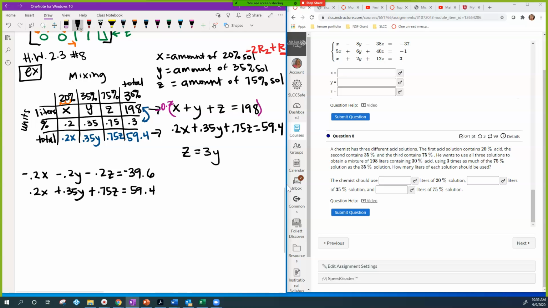So when you add these together, our x's eliminate, which is what we were trying to do. Negative 0.2 plus 0.35 gives positive 0.15. Then when I combine the z terms, is it 0.55?